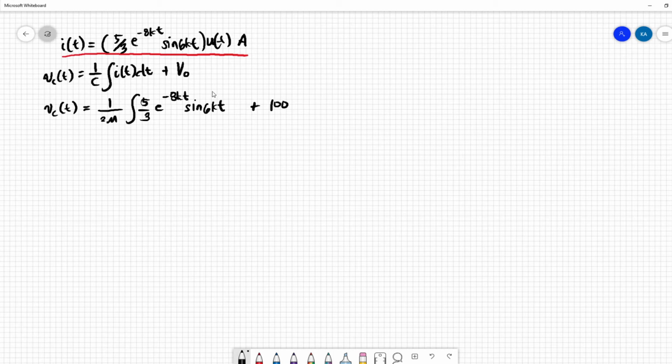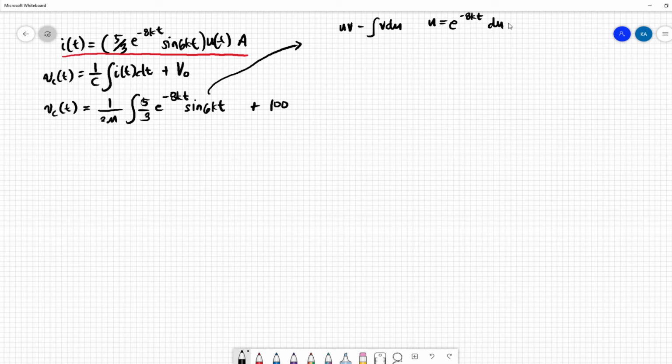Now this integral can be solved using integration by parts. Integration by parts: we have uv minus integral of v du. We will assign u as our e to the negative 8kt.